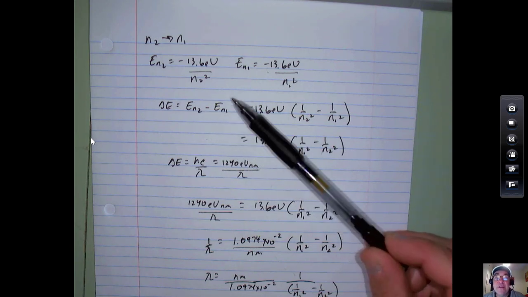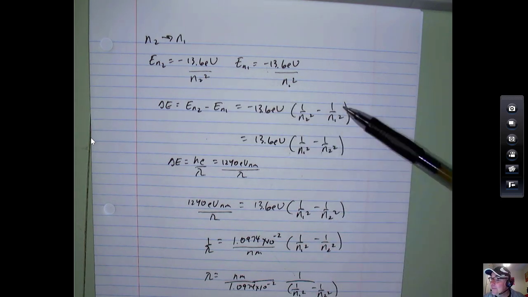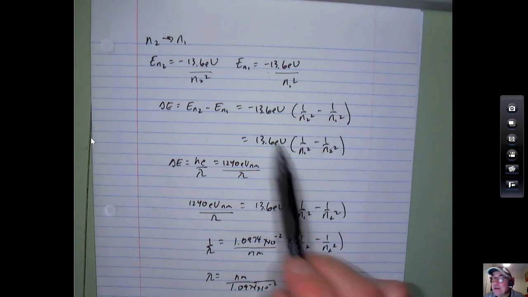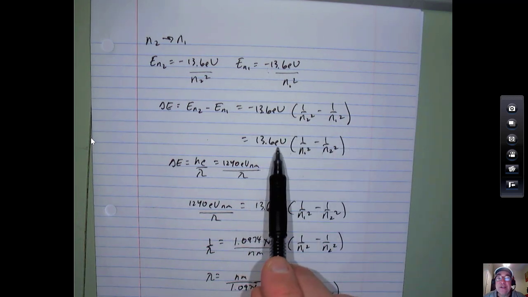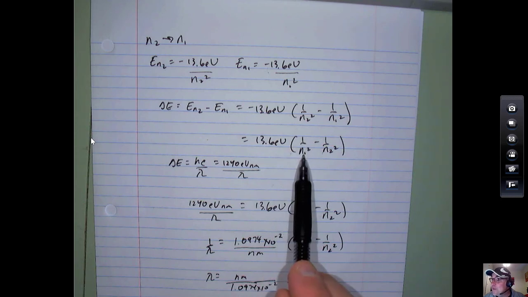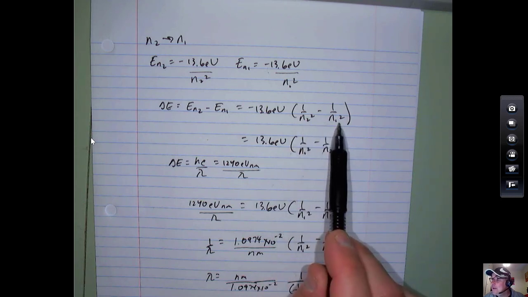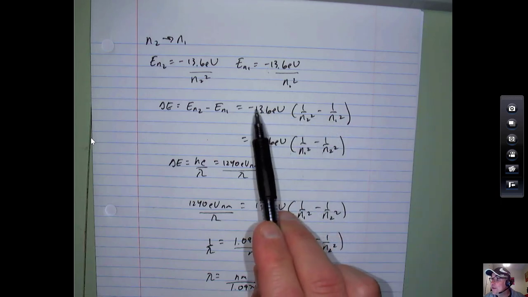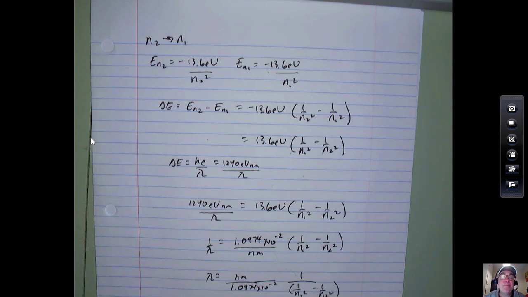And then actually put this and this into the formula, and we get this thing. You can take the negative sign and distribute it through this formula. So then it becomes 13.6 eV times 1 over n1 squared minus 1 over n2 squared. Note, this was n2 minus n1, each of those squared, but the minus sign was out here, so I've distributed the minus sign through, and we have that.